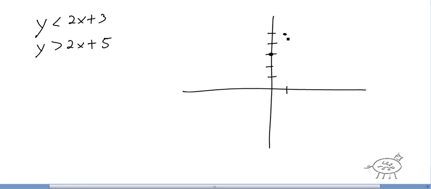Up 2 and over 1. So this is a dotted line. Okay, again, these are all parallel lines. Just want you to recognize that. And the next one is 5 and up 2 over 1. So same deal.